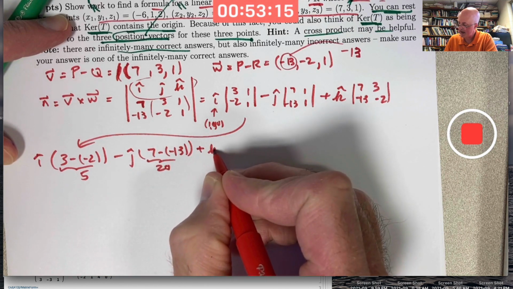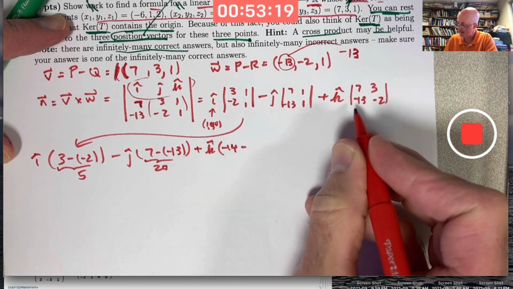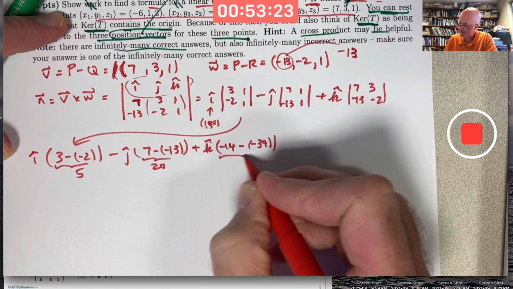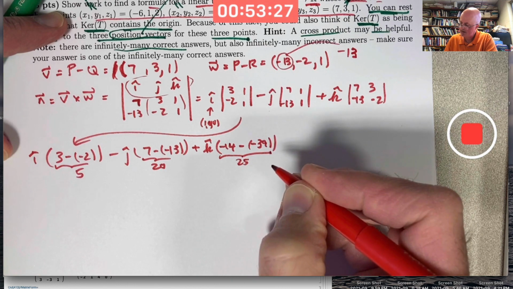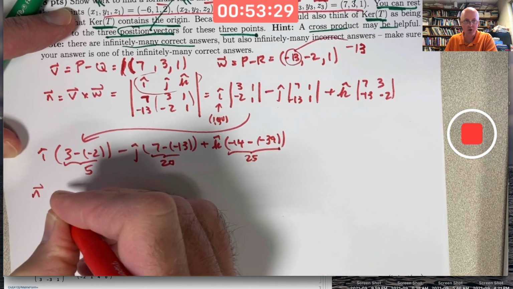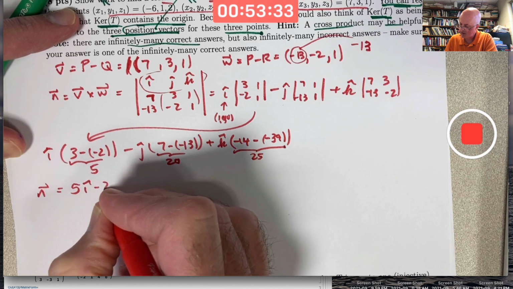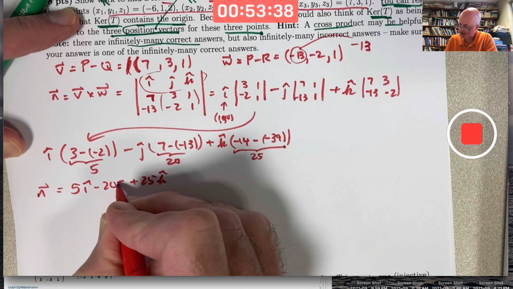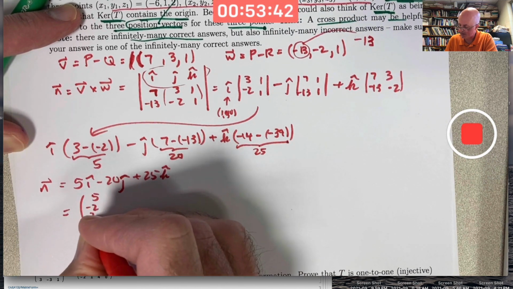And then plus k hat times 7 times -2, which is -14, minus -39. That simplifies to 39 minus 14, which is 25. So it looks like n, our normal vector, could be thought of as 5i hat minus 20j hat plus 25k hat. As a column vector, I could write it as 5, -20, 25.